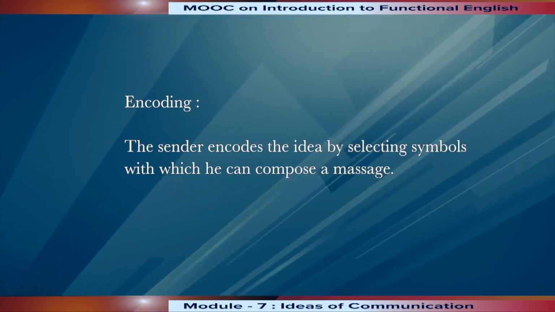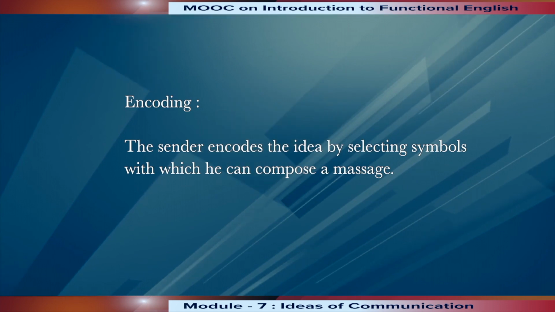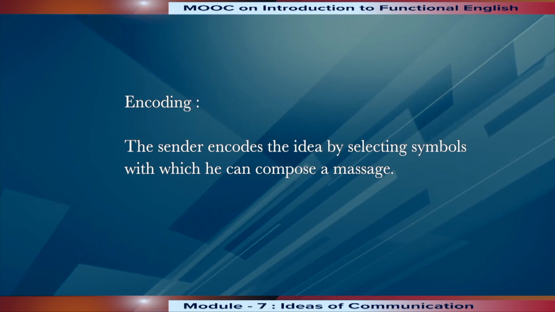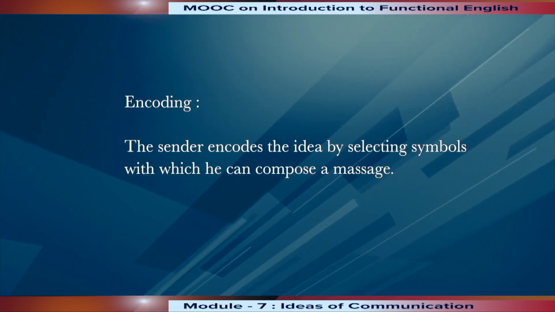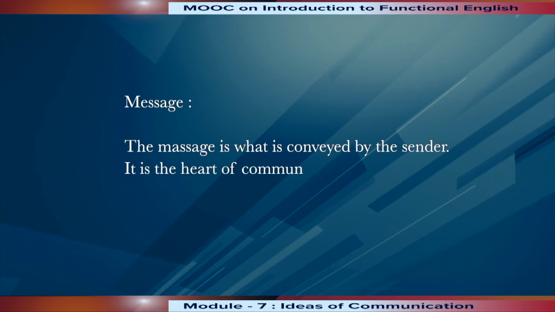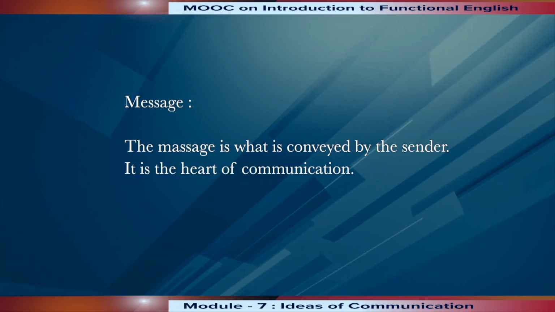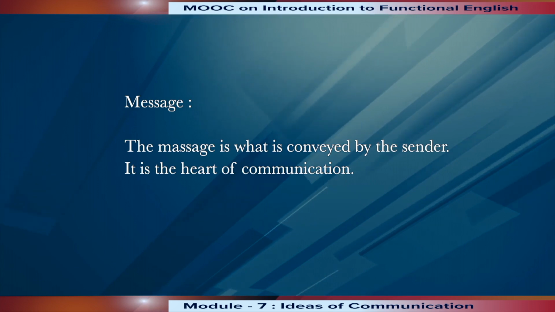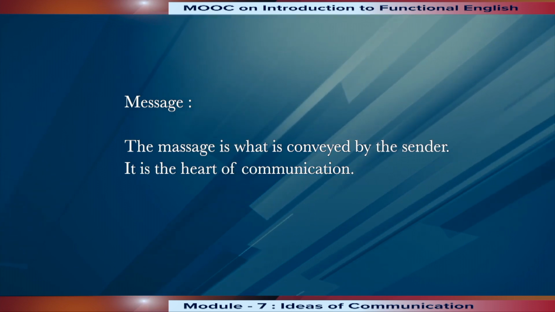The sender encodes the idea by selecting symbols with which he or she can compose a message. Then the message takes place. The message is what is conveyed by the sender. It is the heart of communication.